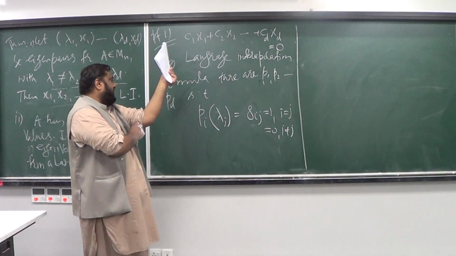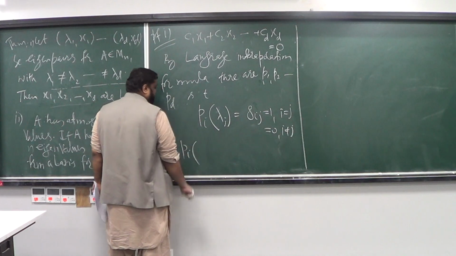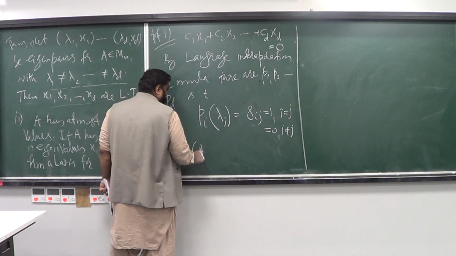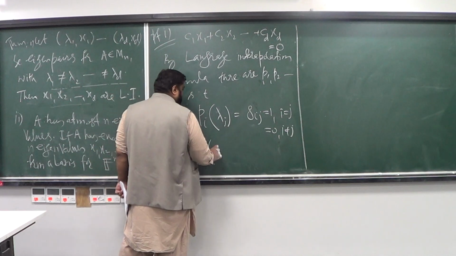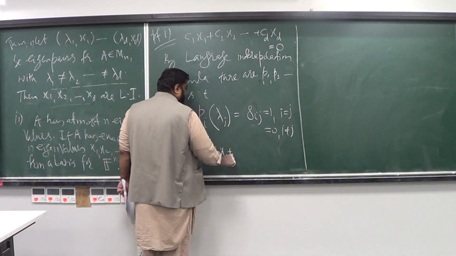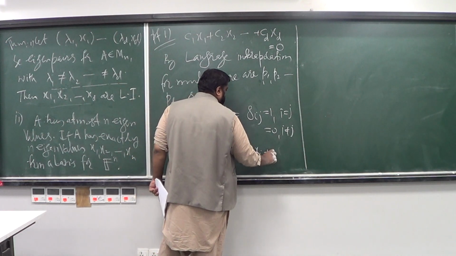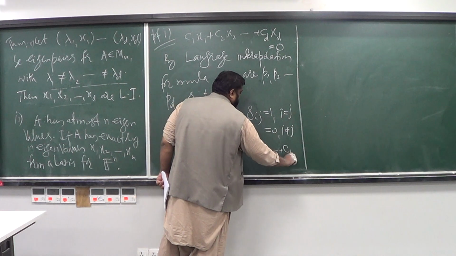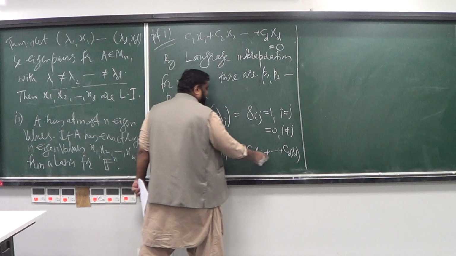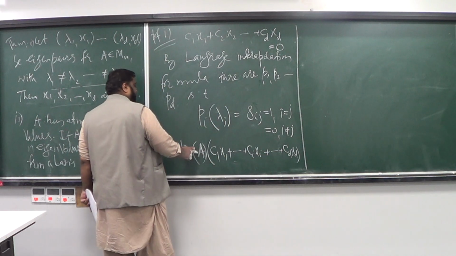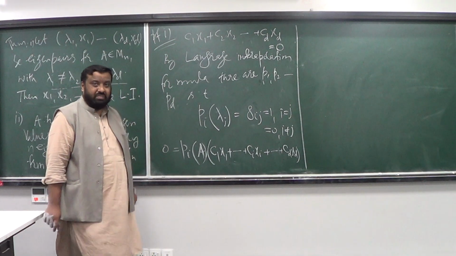And how can I show that? Simple. If I take the ith such polynomial, substitute matrix A into it, and operate or multiply it with this linear combination c1 x1 plus and so on up to cd xd. I know this is equal to 0, so Pi of A multiplied with 0 will give you 0.